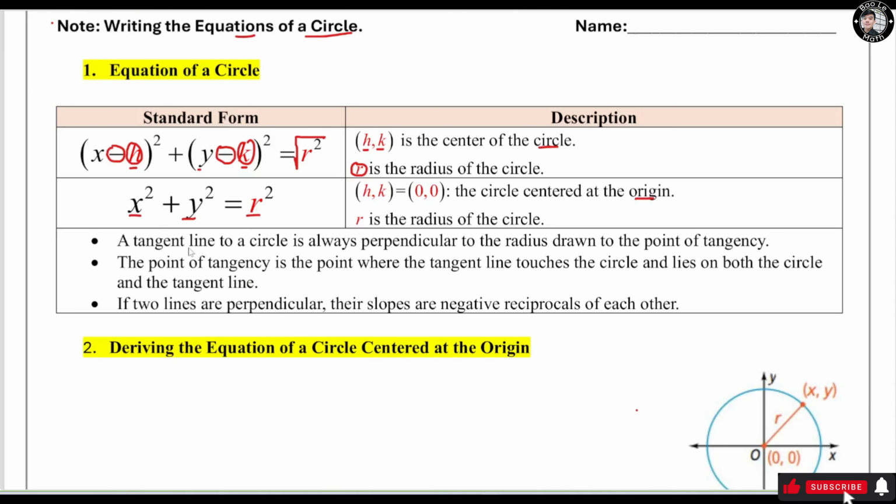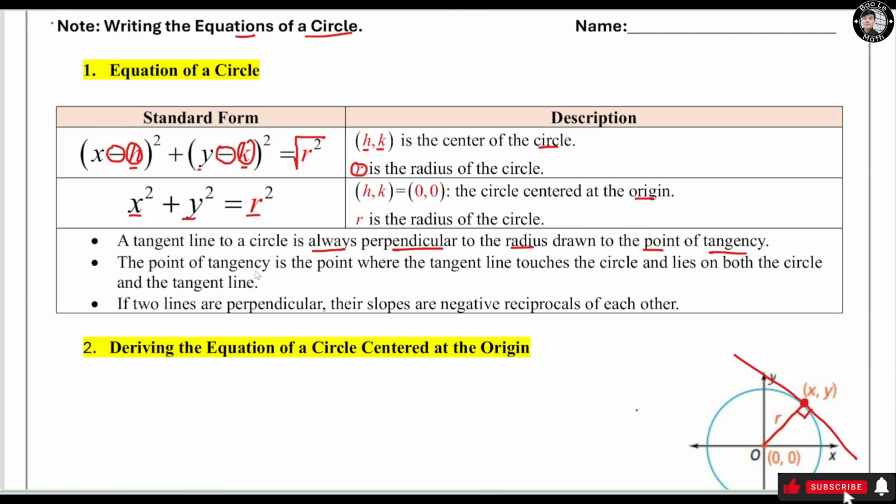Now a tangent line to a circle is always perpendicular to the radius drawn to the point of tangency. Alright, so this is the radius, and I'm going to draw the tangent line. It's going to be like this, and the radius is always perpendicular to the tangent line, and the point right here is called the point of tangency.